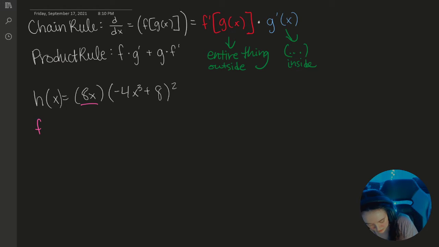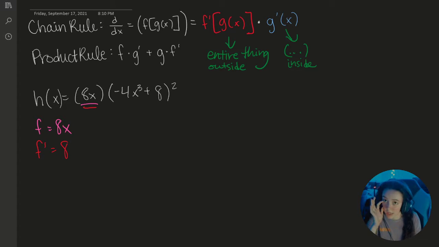F is just your first part of the equation, the first set of parentheses. F prime is the derivative of this, which is just 8 in this case. You can do it a different way, but we're not going to do that. It's much harder. I don't completely understand it, so I'm not going to try to explain it to y'all. And then we have our G, which is all of this.